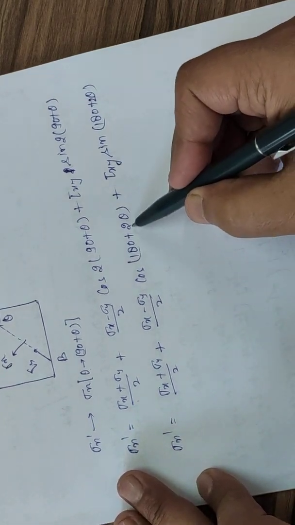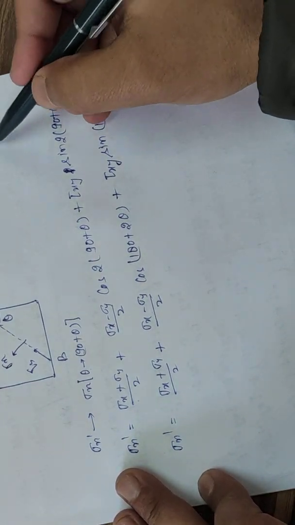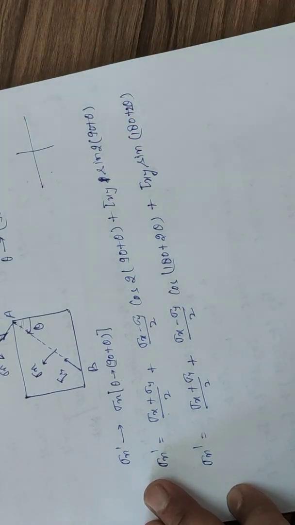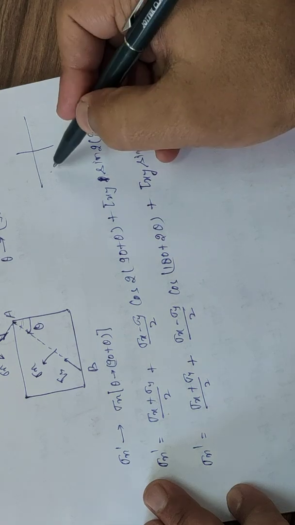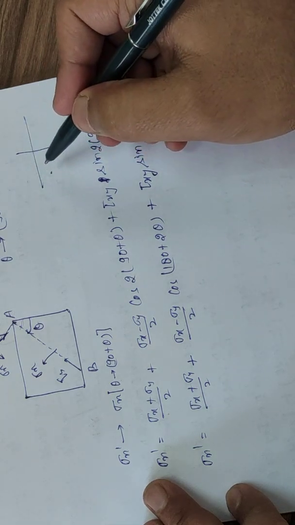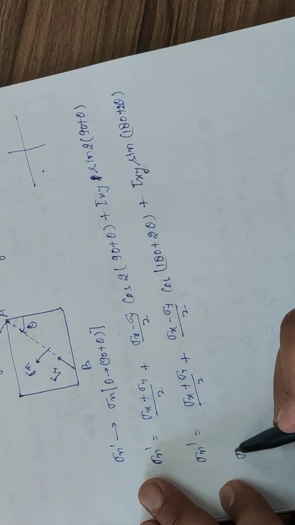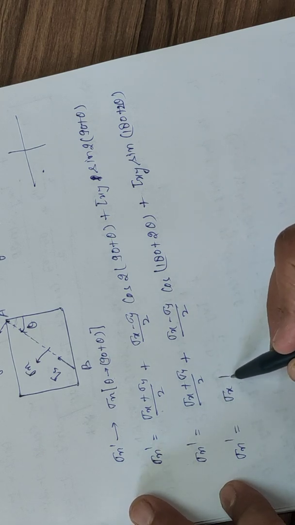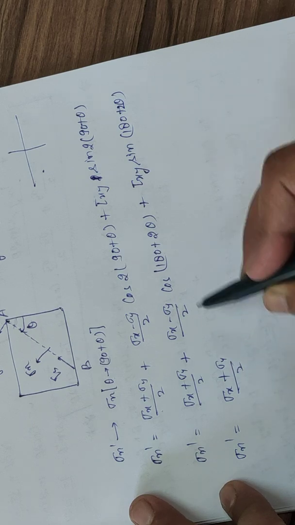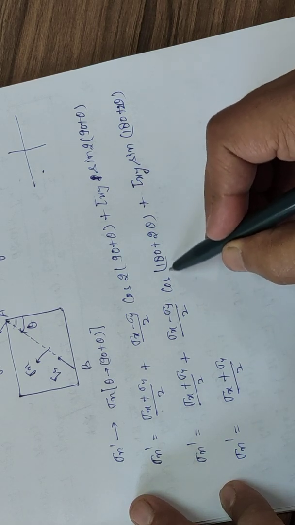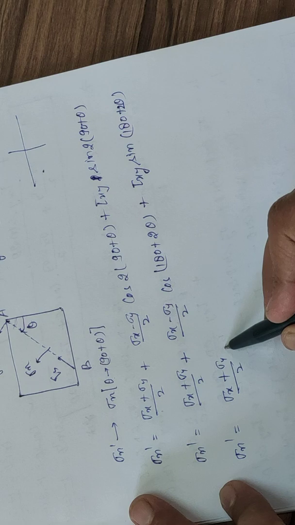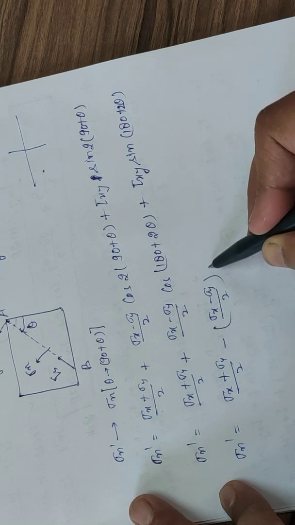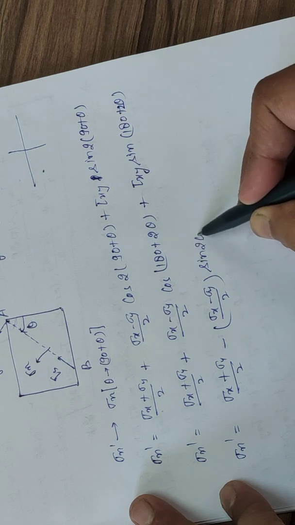Cos of 180 plus 2 theta means we are going to the third quadrant, and in the third quadrant cos is negative. So sigma n dash will be equal to sigma x plus sigma y by 2, minus sigma x minus sigma y by 2 cos 2 theta.